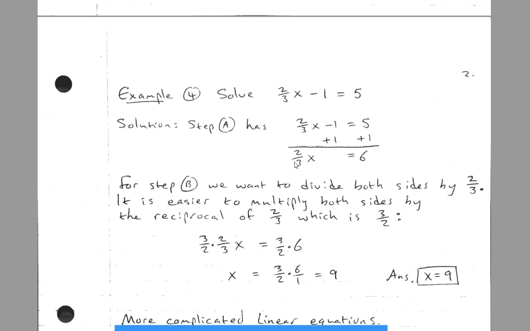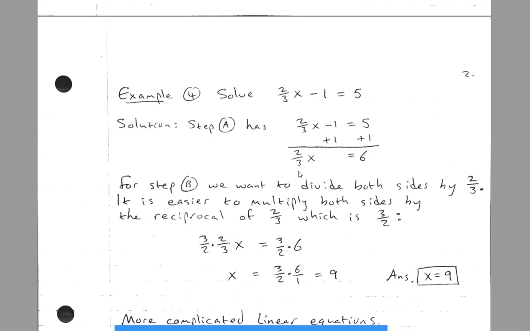Okay, step B, we want to divide both sides by this number, by the 2/3. Again, an easier way to do that is, dividing by a fraction is the same as multiplying by its reciprocal, if you remember. The reciprocal of 2/3 is 3/2.